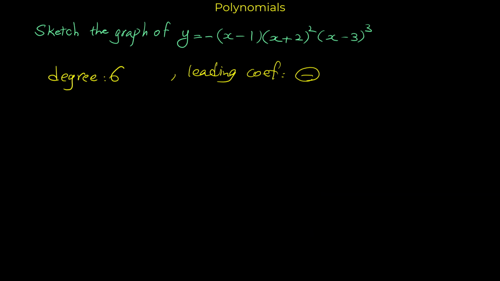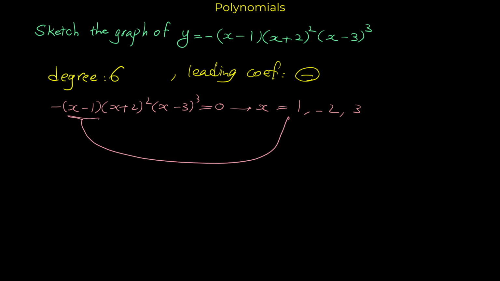But before graphing the function, we have to find the x-intercepts or zeros of the function. By setting the polynomial equal to 0, we can find the x-intercepts. (x minus 1) times (x plus 2) to the 2 times (x minus 3) to the 3 equal to 0. We are going to have 1, -2 and 3 as the roots.